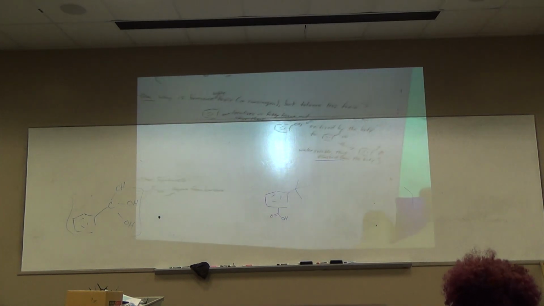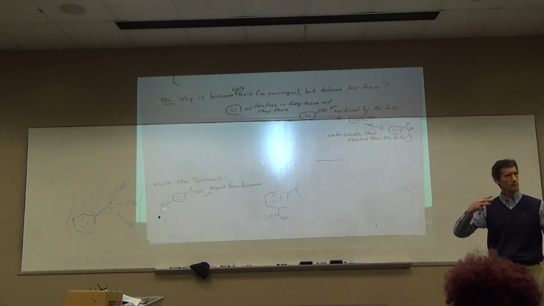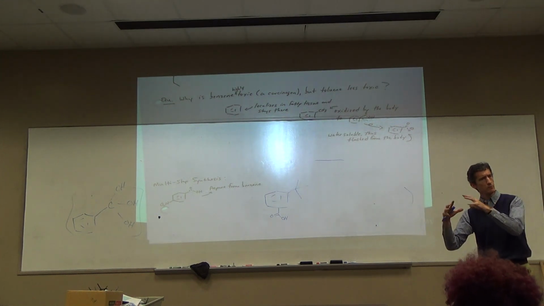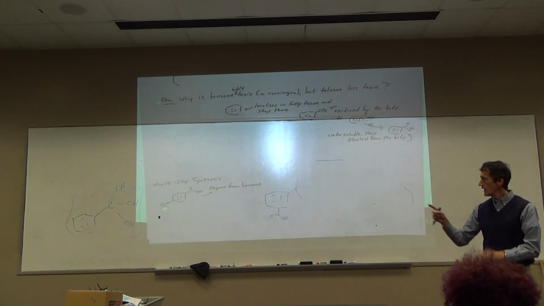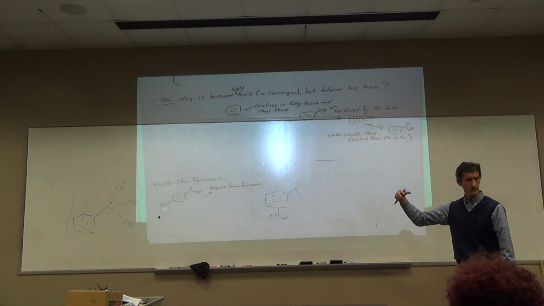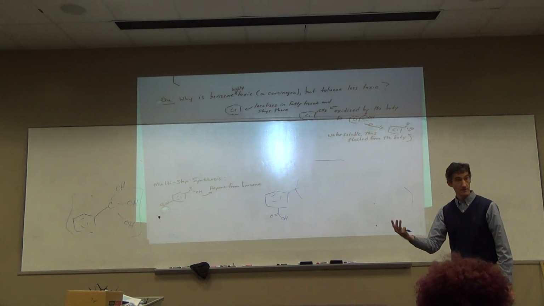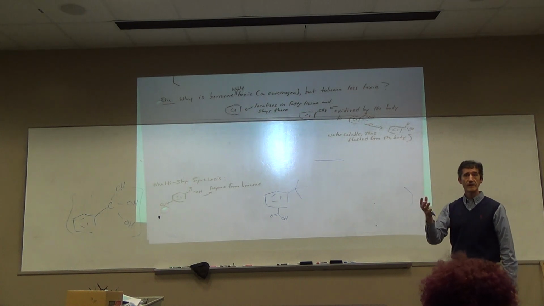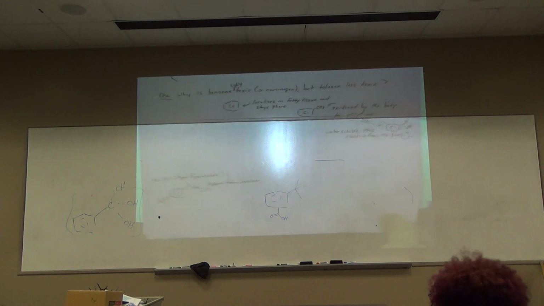Important with those is sequence. What do you want to put on first? Because once you put one thing on, it's going to have directing effects. You want your two groups para, so you need a para director somewhere. So Friedel-Crafts, probably. You've got to think about your sequence of reactions. All right, think about that.